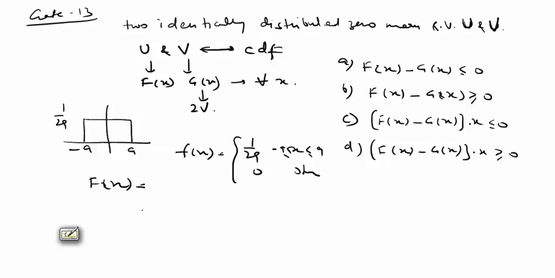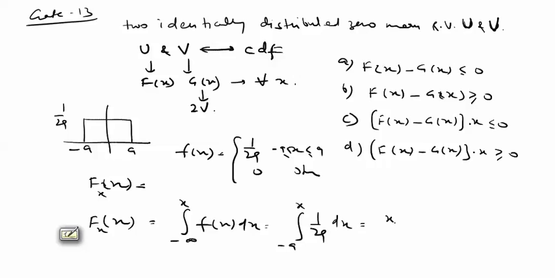We put this function value into this formula, fx of x equals integral from minus infinity to x of fx dx, minus a to x 1 upon 2a dx, which gives x plus a upon 2a. Fx is given to us as x plus a upon 2a.